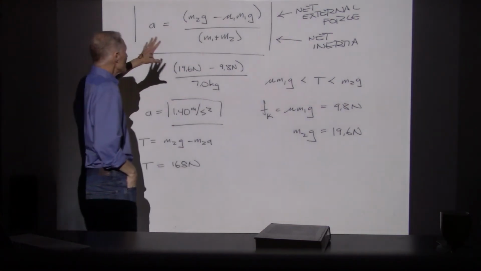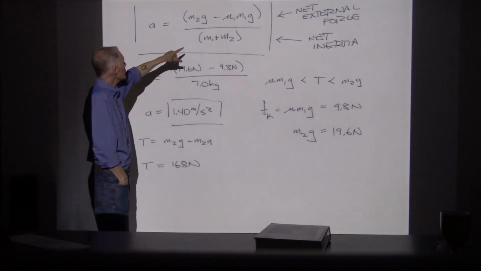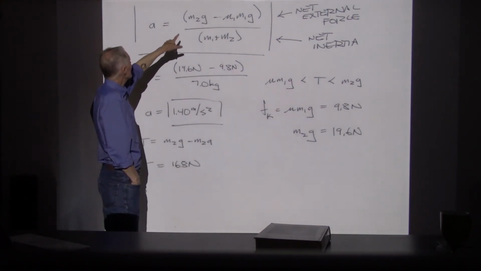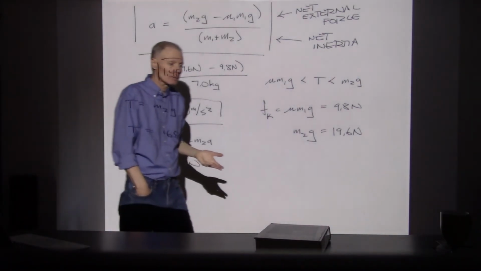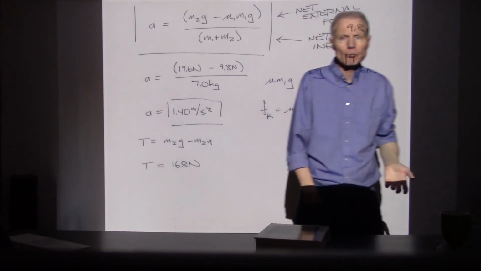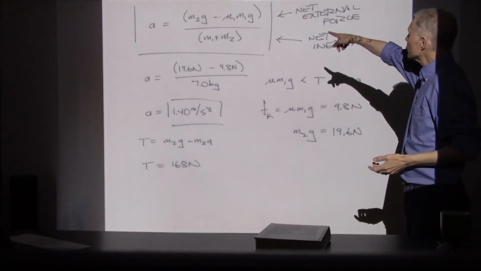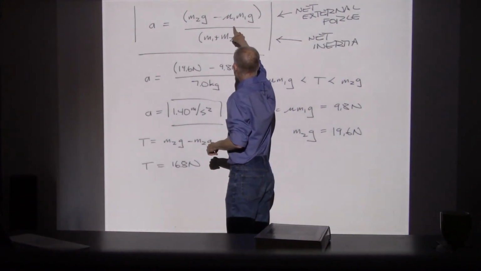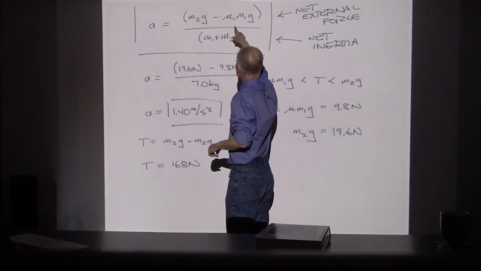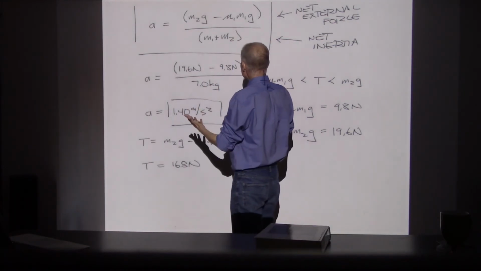Now, another nice feature that comes out of this equation is that it tells us what conditions would be required to prevent an acceleration from occurring. If the kinetic friction up here were bigger, what if the mu value here were twice as big?